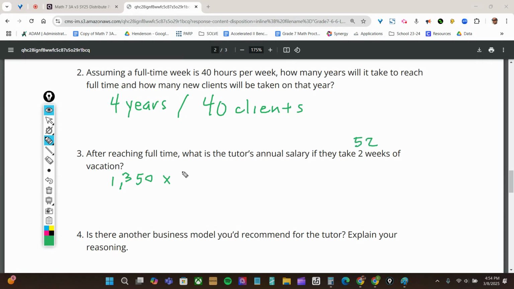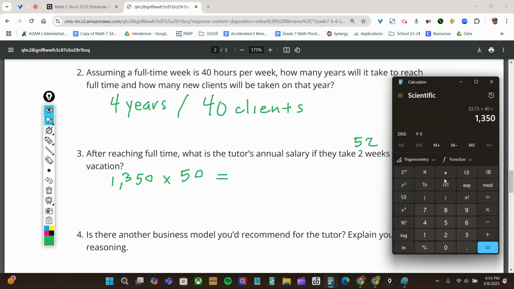If you take 2 weeks off, that's 50 weeks in a year. And so you're multiplying that right there, and you get, wow, that is crazy.